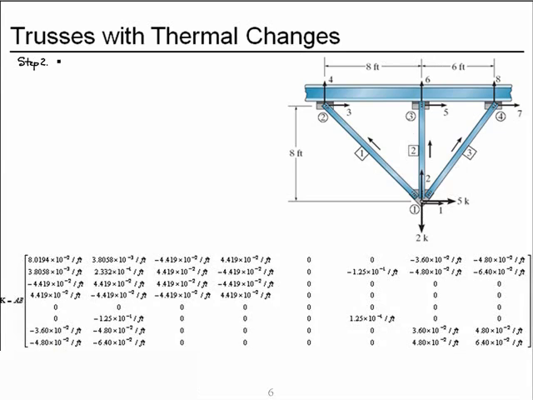We'll begin the stiffness method. And since we have the structure stiffness matrix, we'll begin by partitioning it, because in order to find the displacements, we have to solve the following equation.